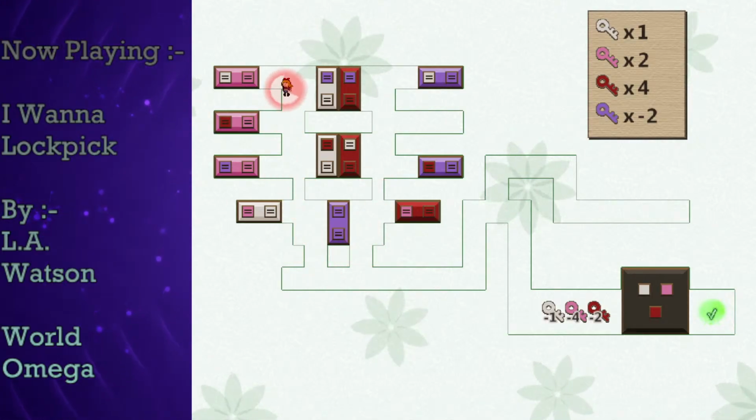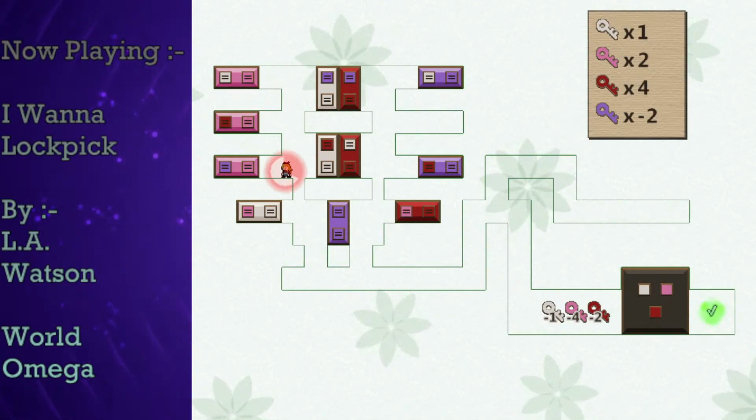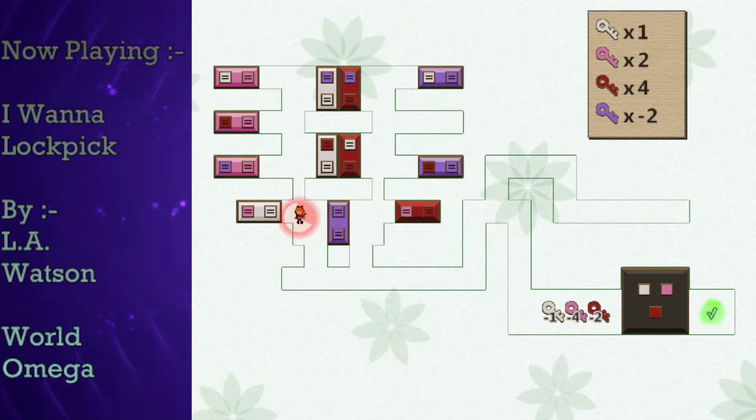Now this is what we gotta do: we gotta turn the 2 into 4.